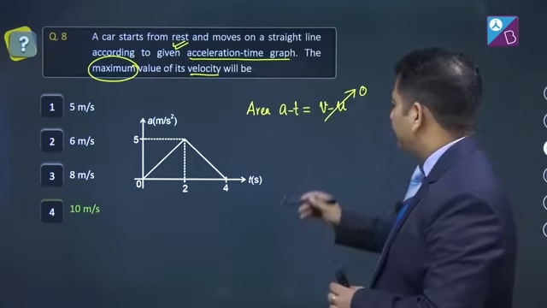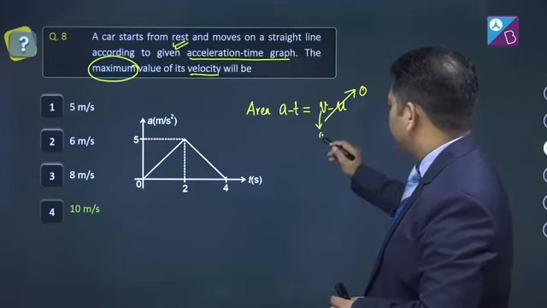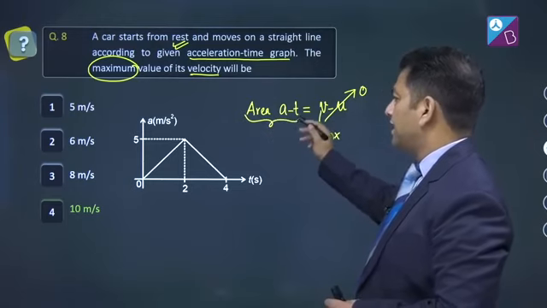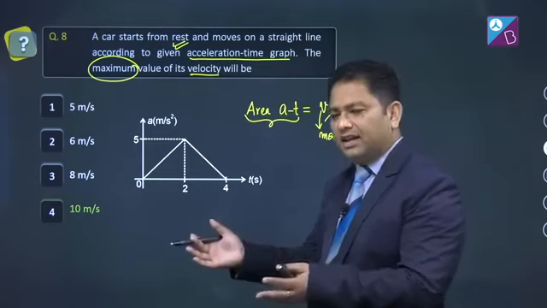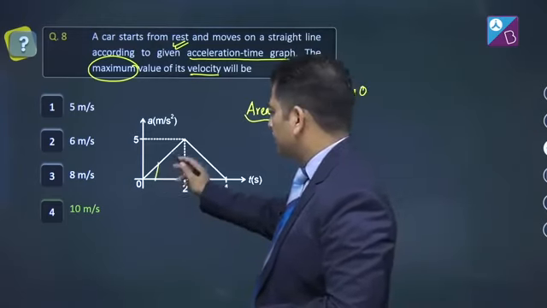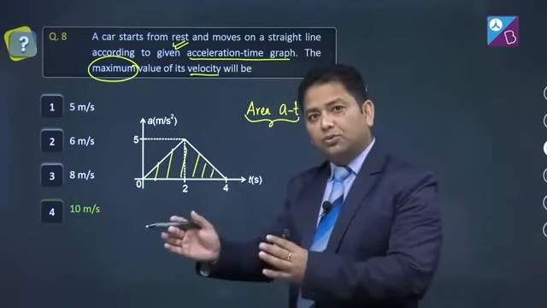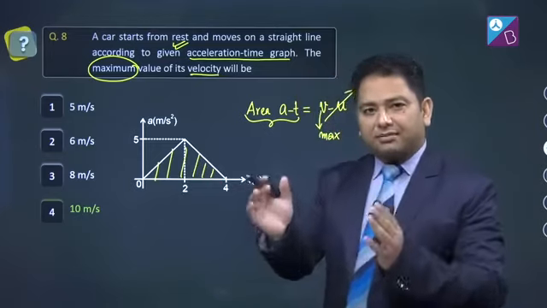Now, if you have to find the maximum value of velocity, that means you have to find the maximum area. So it's very clear, 0 se lekar 4 tak area maximum hoga. Not between 0 to 2. You have to see the maximum area.